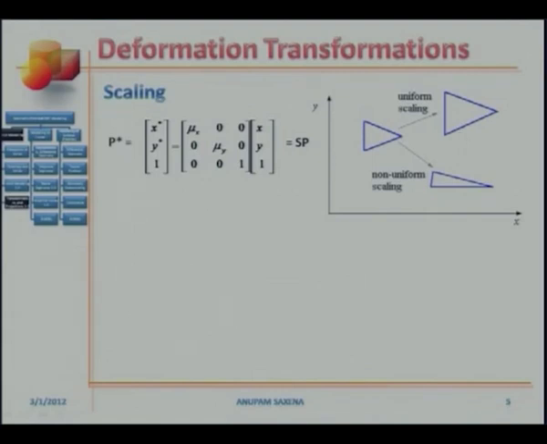Scaling will be the same in both orthogonal directions x and y. If, however, we set mu x and mu y to be of different values, then we will have a case of non-uniform scaling. The second of the deformation transformations is shear.